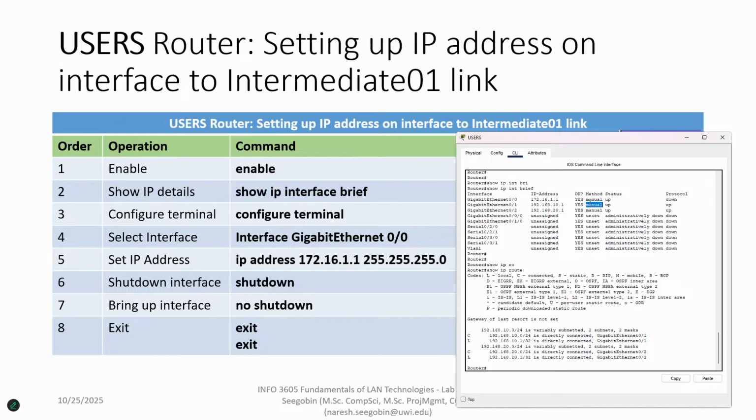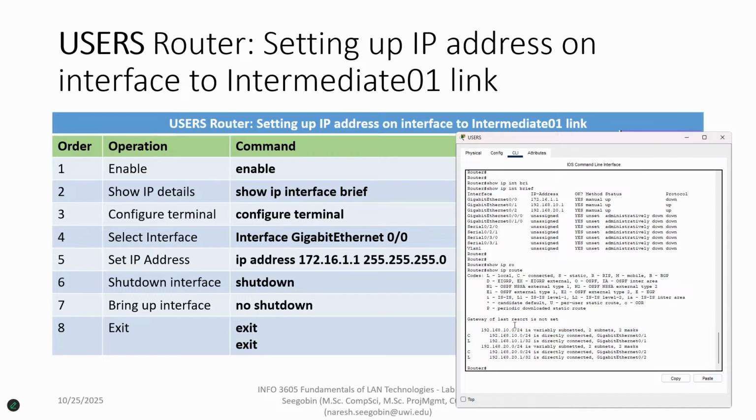So even though my status is up, which means layer 1 physical, your protocol is down, and you ask yourself, is it because the router is the problem? Protocol is down because layer 2 is down, therefore layer 3 is not going to be there. It's set, but it's down. And because of that, it's not going to add it onto the routing table.